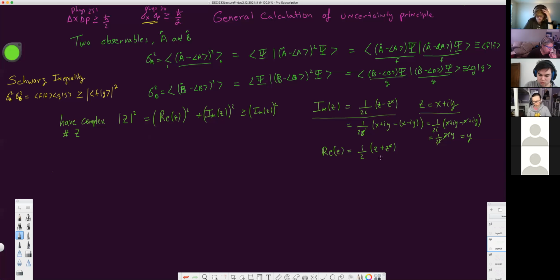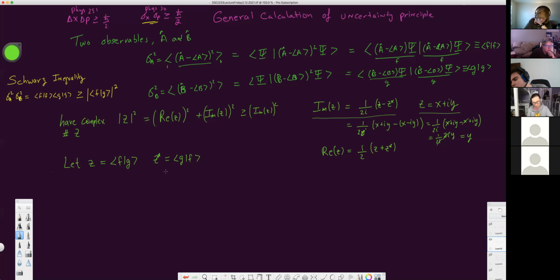Okay. So let z, our complex number, be this inner product of f with g. Remember what f and g are from up here. And therefore z star is equal to the inner product of g with f, right? We've proven that before.